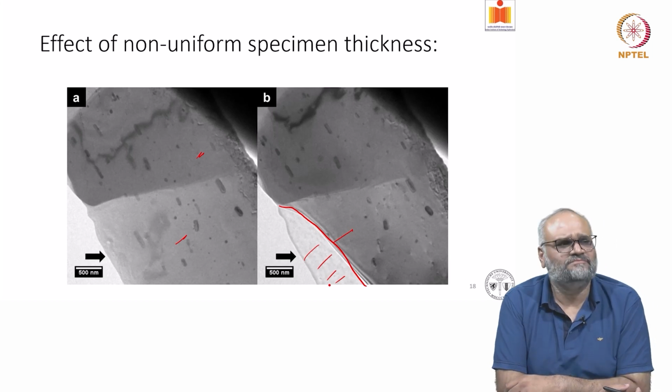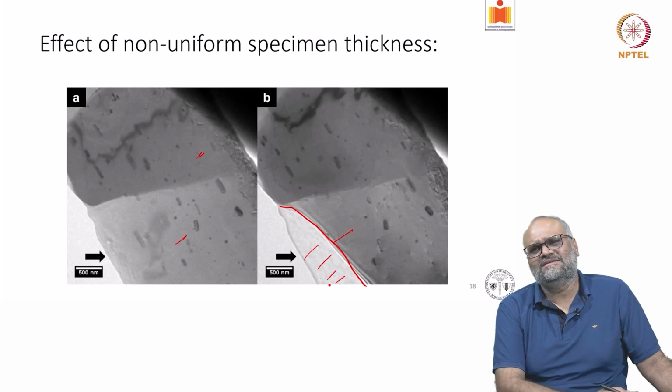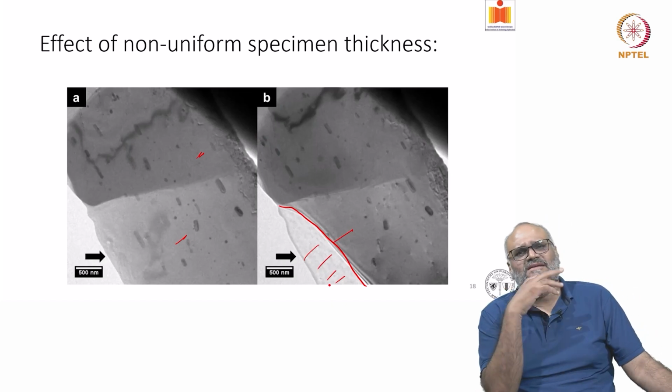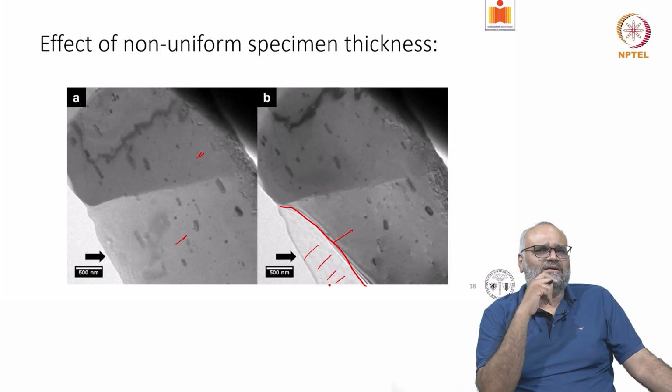And next, the question that arises is, when you're constantly illuminating with an electron beam, how does the local temperature change and what is the effect of the electron beam?